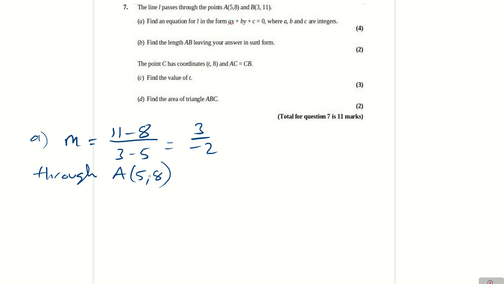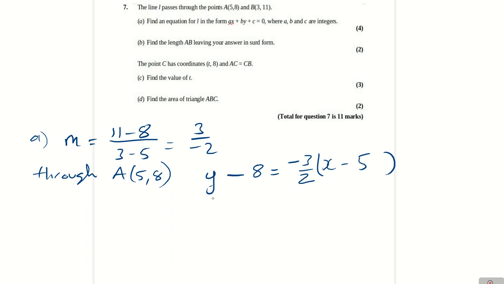Now, some people would use y equals mx plus c, plug the values of x and y in, find what c is. Sometimes it's quicker to use this method: y minus 8 is going to equal the gradient, which is minus 3 over 2, it's the same as 3 over minus 2, into x minus 5.